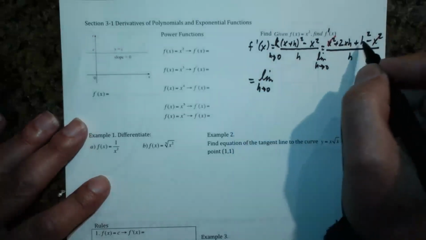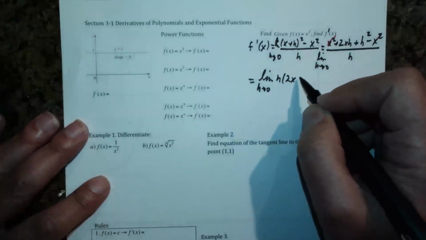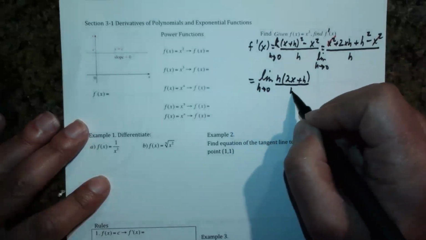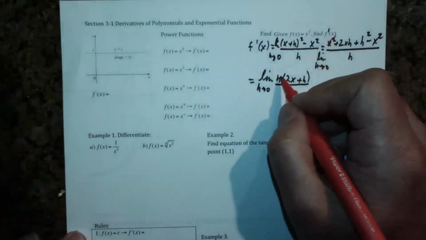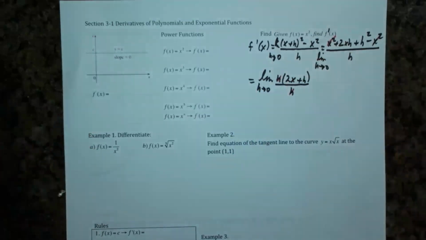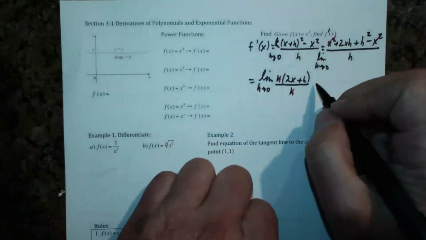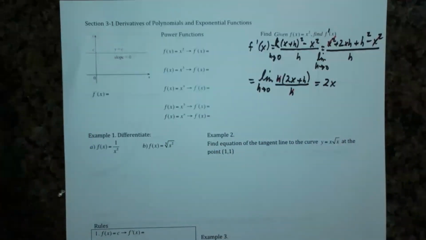And you'll notice I can factor an h out from there. And of course, this allows us to reduce out the h's. And you'll note when h equals 0, I can now plug that in. I just get 2x. So the derivative of x squared is 2x.